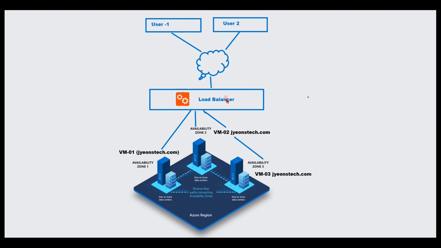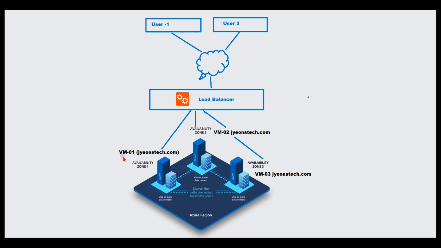The load balancer will divert all the traffic to the availability zone 2 virtual machine or availability zone 3 virtual machine. This is the main reason why we have availability zones. It helps in fault tolerance. If some availability zone is not available for some reason, our website should still run. This helps in business continuity.